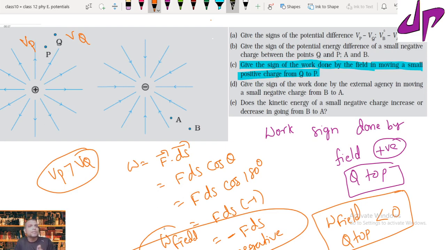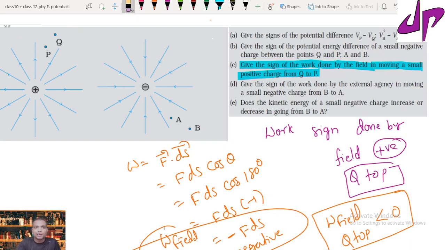If the external agent does positive work, obviously the field does negative work. That is also a simple analysis to identify whether the work is positive or negative.